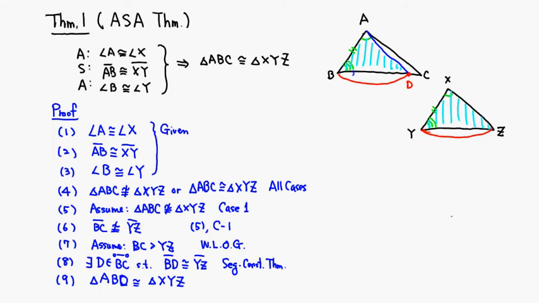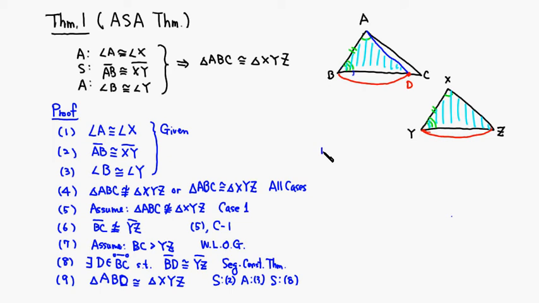This is by side-angle-side. The side is line number 2, the angle is line number 3, so those are congruent. Then BD is congruent to YZ, which comes from line number 8.